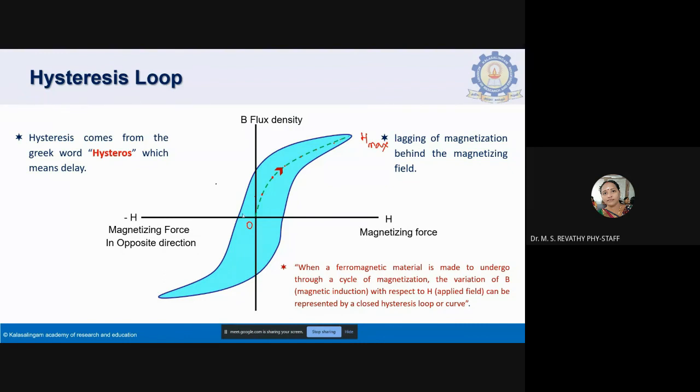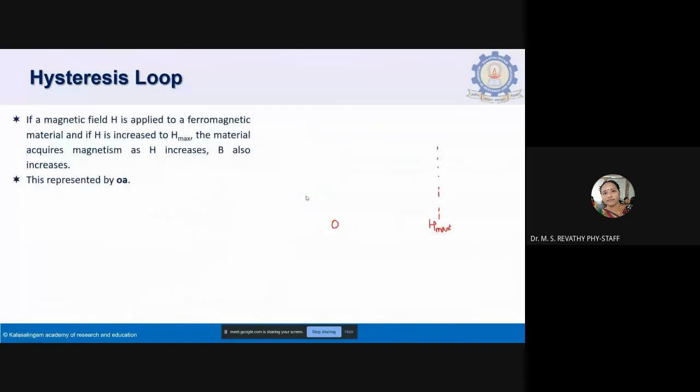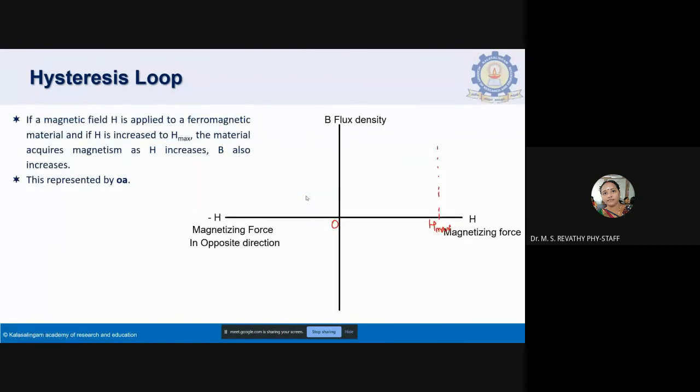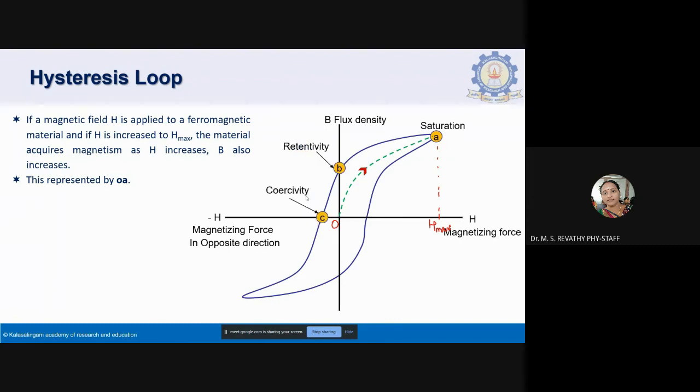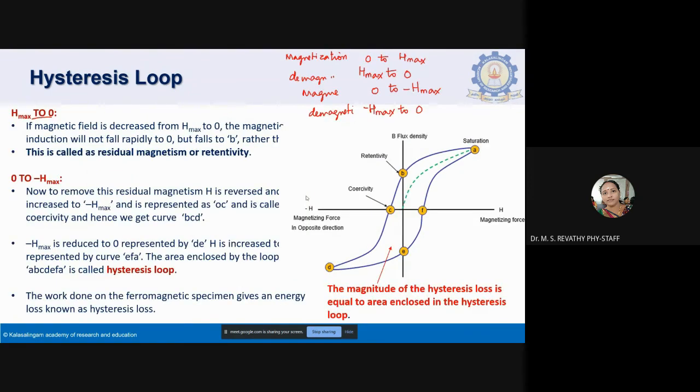For each point, I'm just showing you these are the points. What is OA? What is OB? This is retentivity. This is coercivity. Then we have the steps involved, how you are making the complete loop. The area enclosed by the loop, the work done on the ferromagnetic specimen, gives out the energy loss.